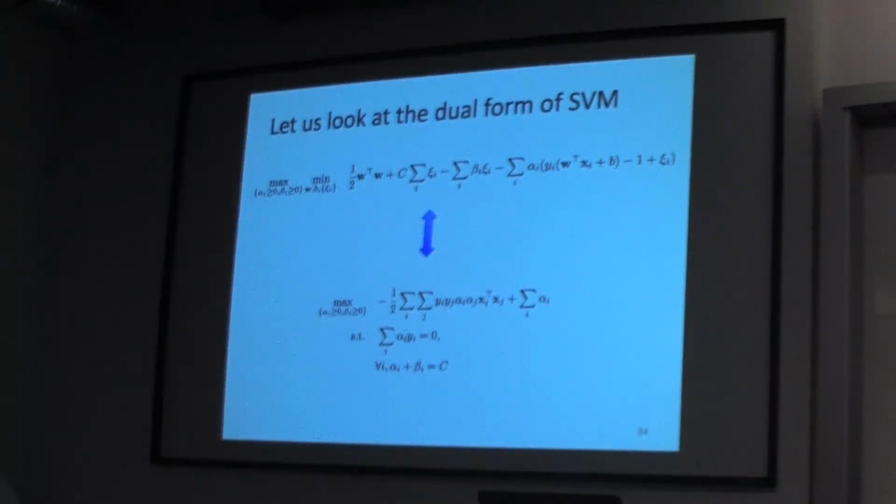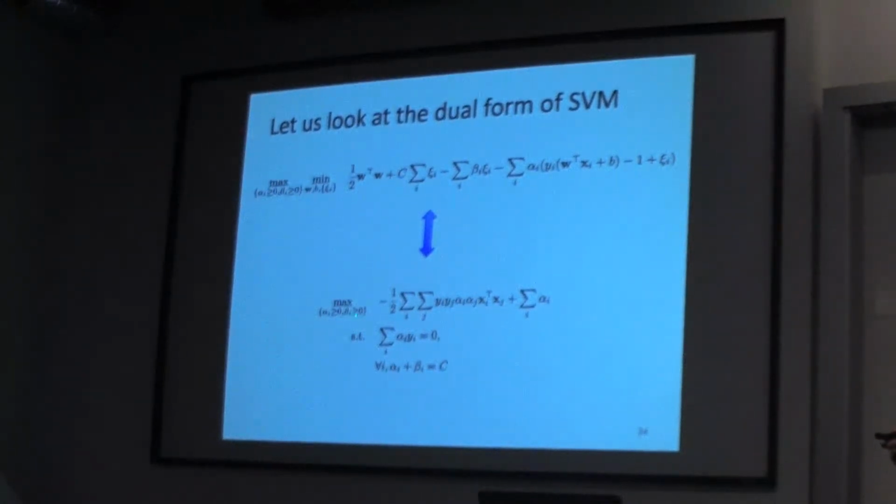Okay, so now we can see that by our simplification step, we can simplify this max-min problem into a maximization problem solely, but we need to account for the actual constraints, right? Further, because those beta i's never appear in the objective function, and we also have the constraint alpha i plus beta i equal to C, we know beta i must be C minus alpha i.